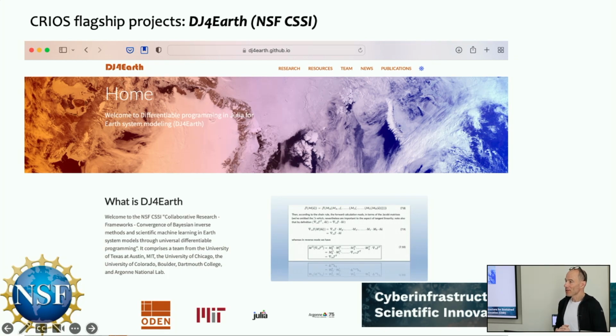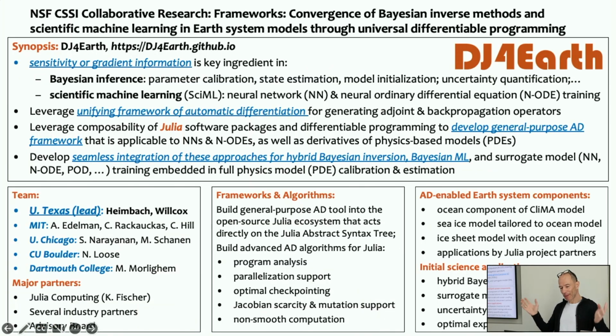This is a project funded by the National Science Foundation, and there's a big slide of all the different pieces and elements, but the two major pieces are, of course, Bayesian inference, parameter calibration, state estimation, using adjoints for sensitivity analysis and what we call dynamical reconstruction, dynamical attribution.